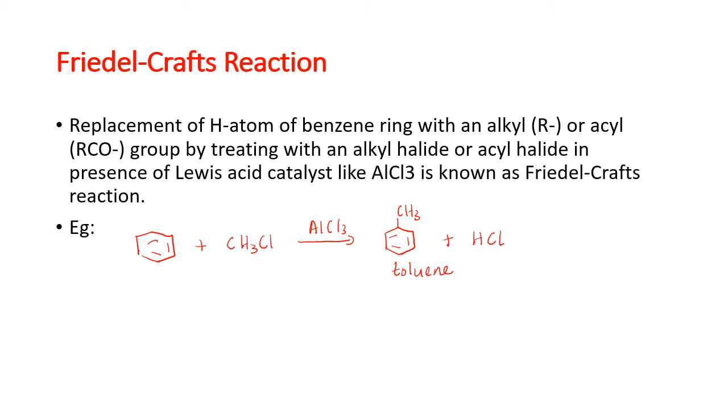Another example, when benzene is treated with, say, CH3COCl, an acyl halide in presence of anhydrous aluminum chloride. Acyl group is RCO group. So we get acyl substituted benzene.